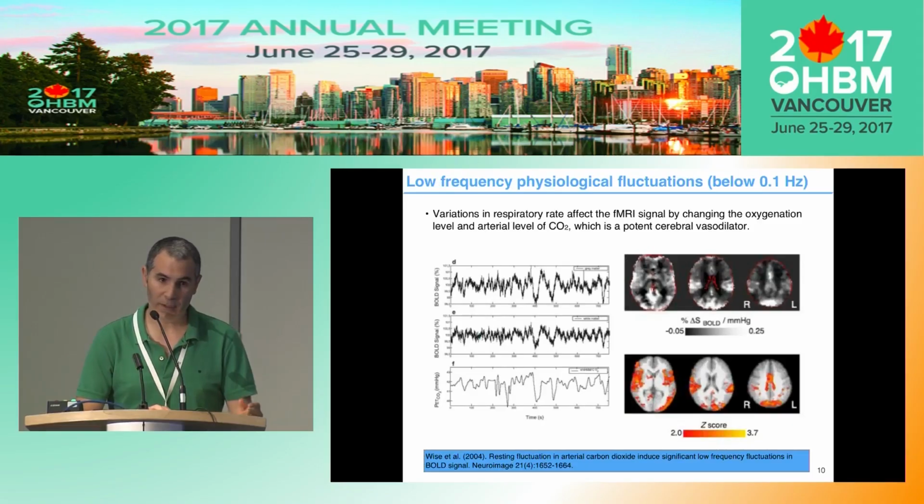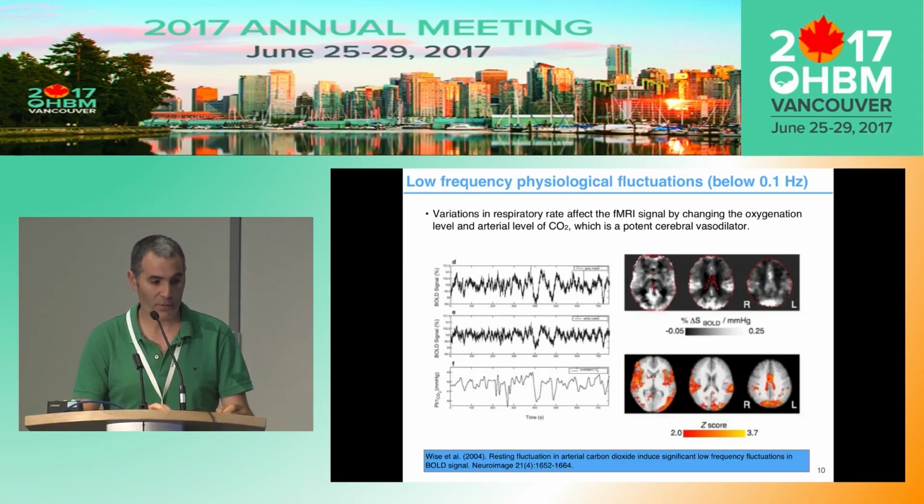Then apart from these high frequency cardiac and respiratory fluctuations, we have low frequency physiological fluctuations that occur below 0.1 hertz. For instance, variations in the respiratory rate affect the fMRI signal by changing the oxygenation level and the arterial level of CO2, which is a potent cerebral vasodilator.